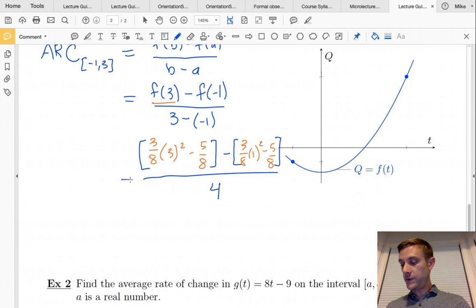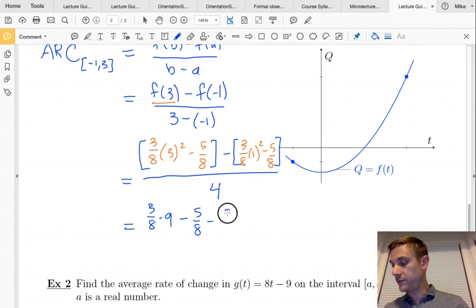All right. Comfortingly, I guess I need an equal sign, huh? Comfortingly, this is all some number. If you've got a scientific calculator, you could figure this out right now. We could simplify a little bit. If you're excited about fractions, we could practice those a little bit and just see if we're on the same page. So this is 3/8 times 9 minus 5/8. And then the main thing I can imagine that could go wrong over here is just accidentally not distributing that negative.